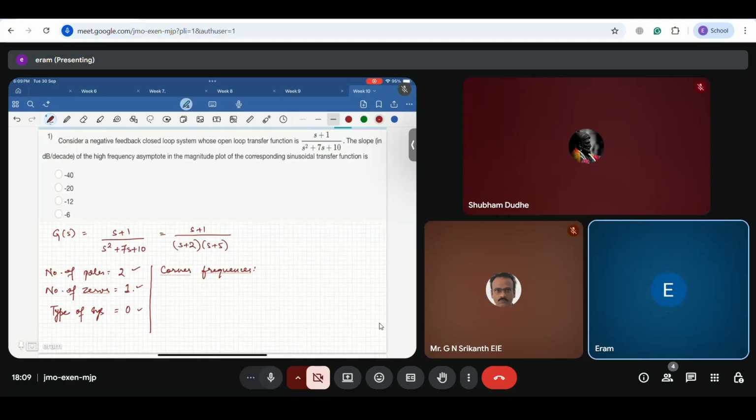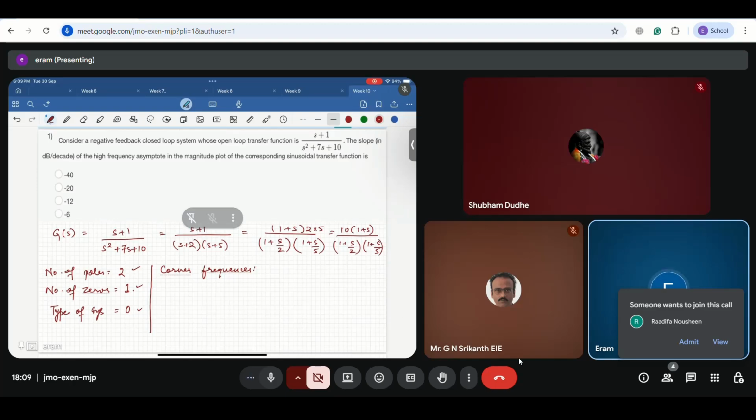The denominator we have separated into poles, and then in the time constant form it will be 10 into 1 plus s divided by 1 plus s by 2 and 1 plus s by 5.